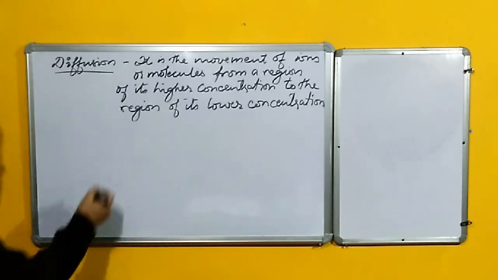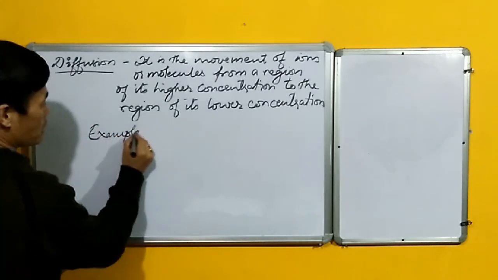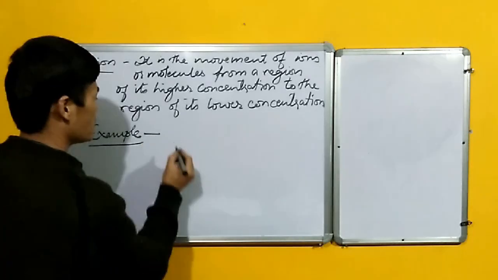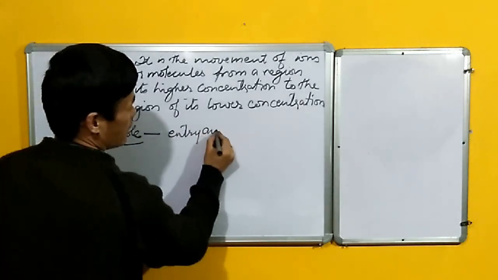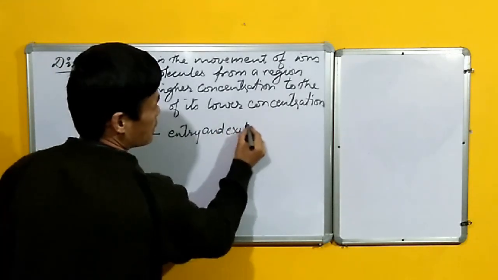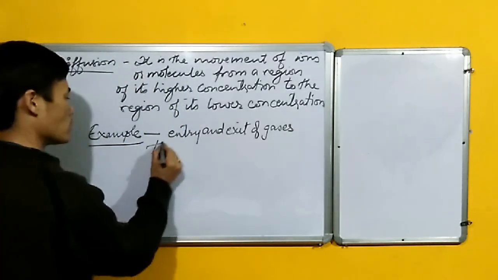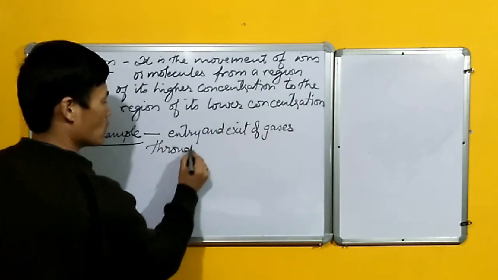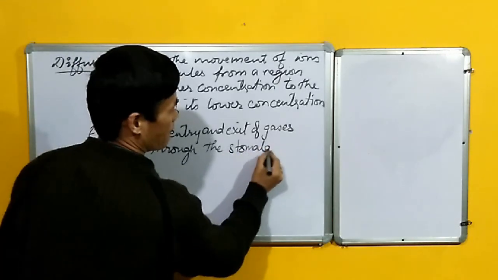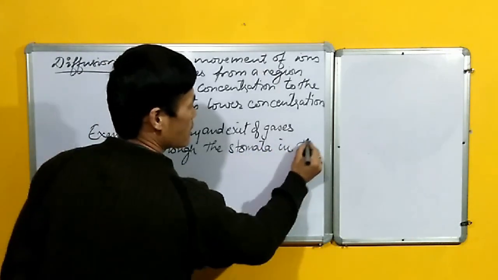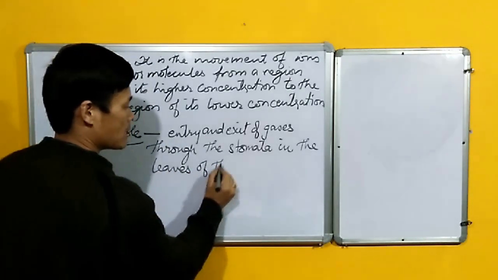And this can easily be understood with the help of an example, that is entry and exit of gases through the stomata in the leaves of the plant.